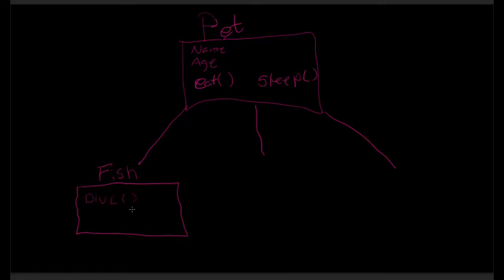A dog maybe can dive a little bit, but not a lot. So even though the fish inherits the attributes of the pet, it also has its own attributes. Let's just do one each for now.